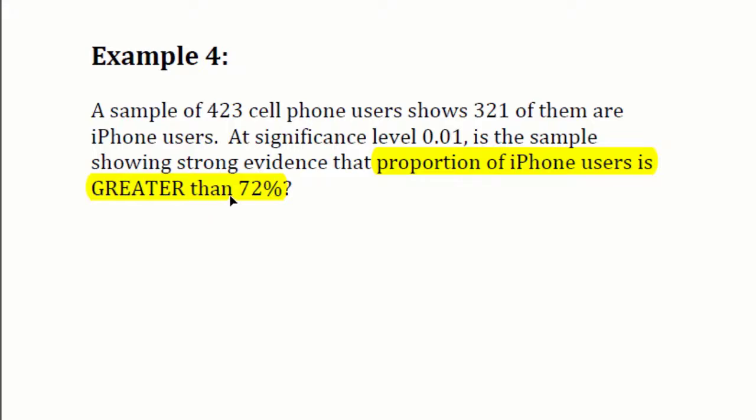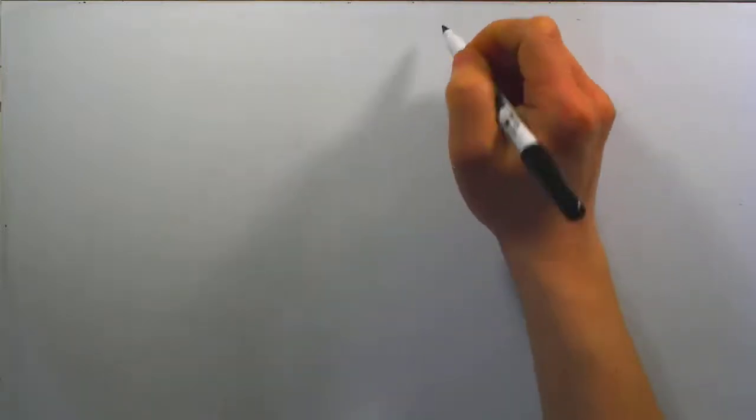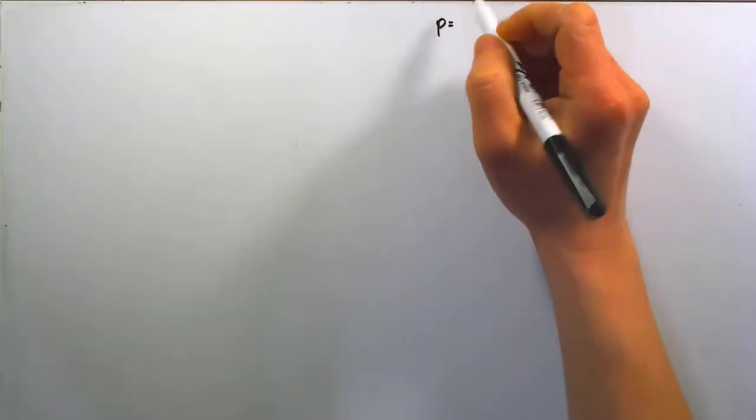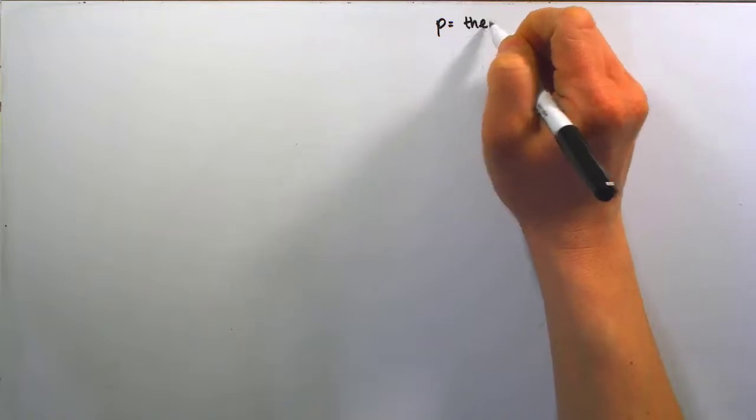Now on my writing board, we have P being the population proportion of iPhone users.